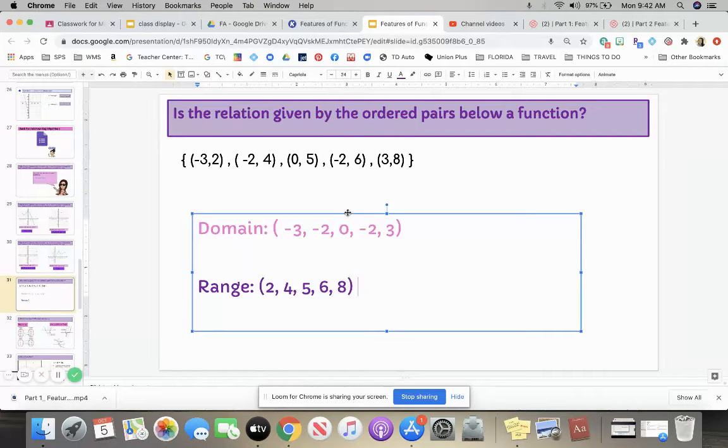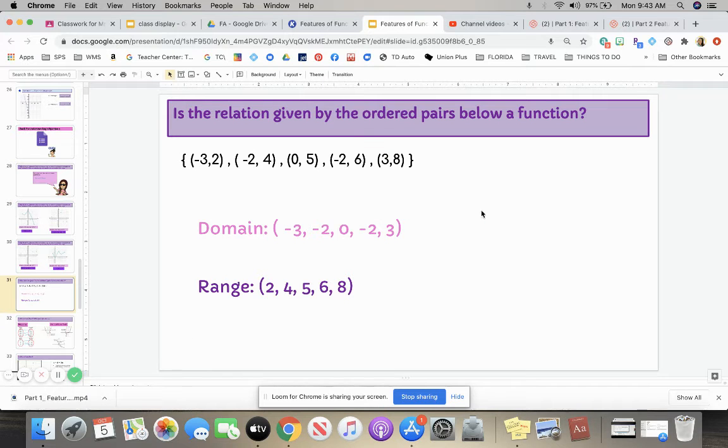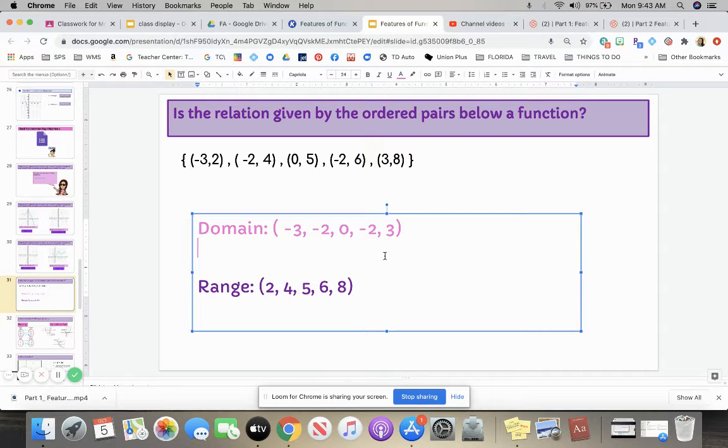Negative 2 has an output of 4, but it also has an output of 6. We can't have an input with 2 different outputs, remember? So that means this is not a function.